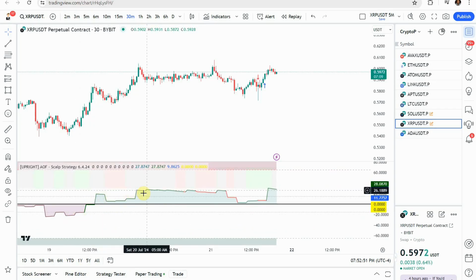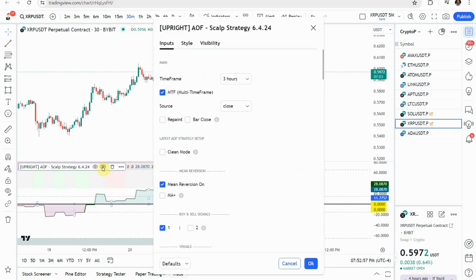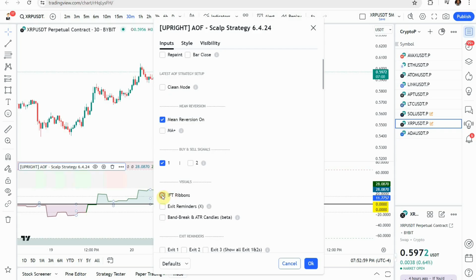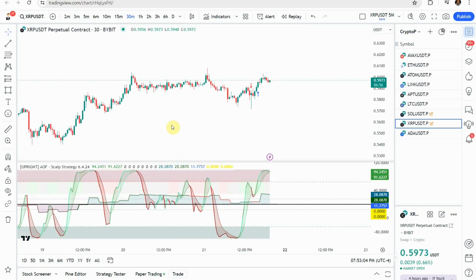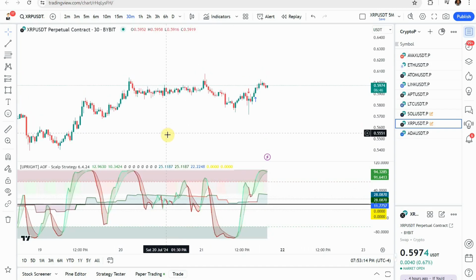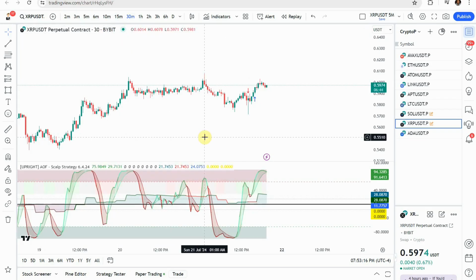It's this line right here that is the mean reversion. The other one that was cycling through is the inverse Fisher transform. I'll go ahead and turn that back on. Okay, so what we're looking for is the mean reversion to be above the black line right here, the 0 line. That is our trend direction analysis on the higher time frame.